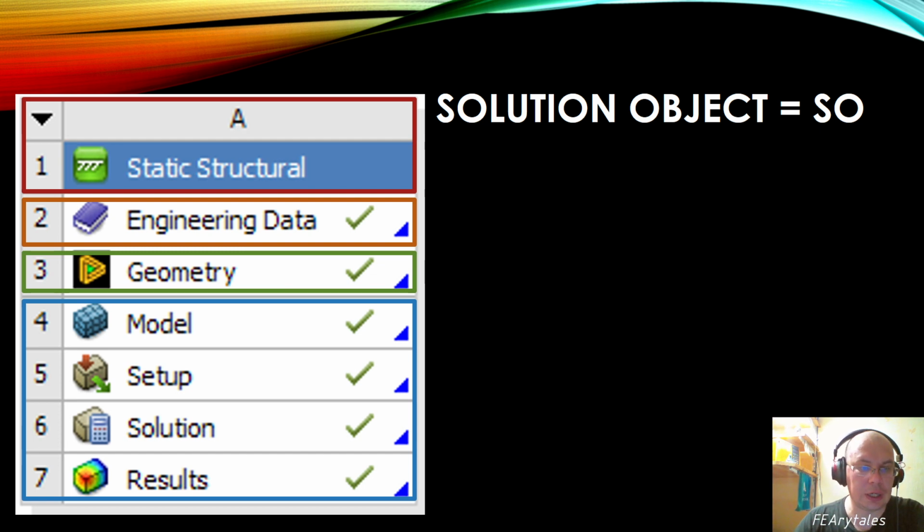And for mechanical tasks, model, setup, solution, and result will open one application, Ansys Mechanical. For other types of calculation, for example for fluid flow, model, setup, solution, and result can open very different objects.